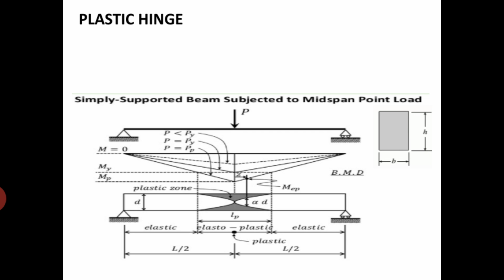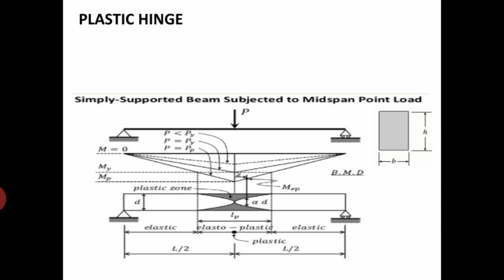We have considered a rectangular cross section of width B and depth H, and this beam is subjected to central loading. That is, consider a simply supported beam under a concentrated load P at the center. As the load is increased gradually, the mid-span section develops a stress Fy.